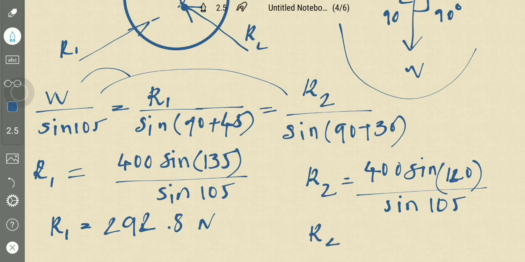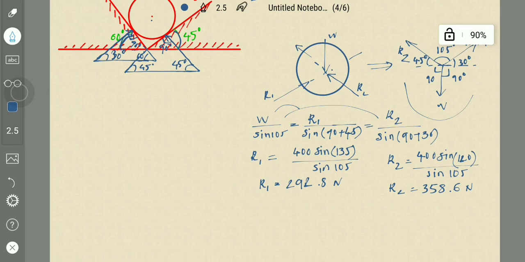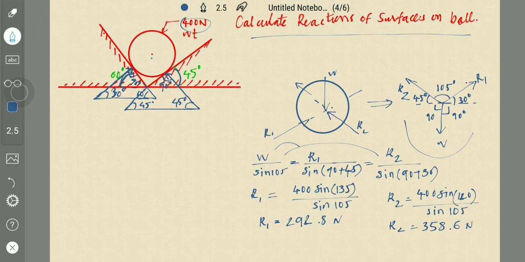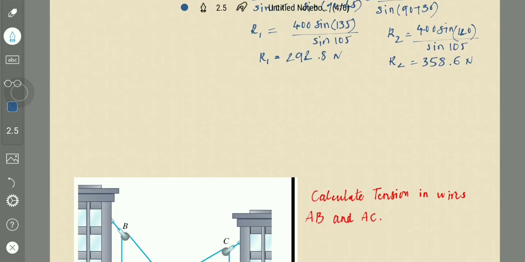Then R2 is 358.6 newtons. This is how we will solve this problem. First we need to draw the free body diagram, and we should apply the respective method. If three forces are there, then Lami's theorem should be applied. And another problem, let us see.